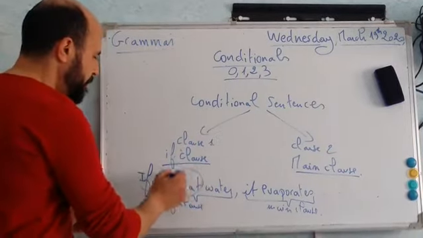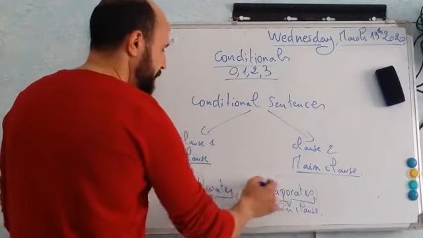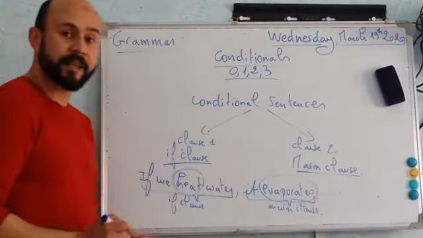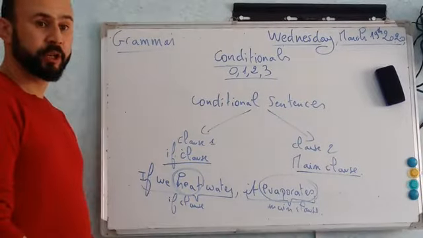So if we heat water, it evaporates. This is normally the conditional type 0.